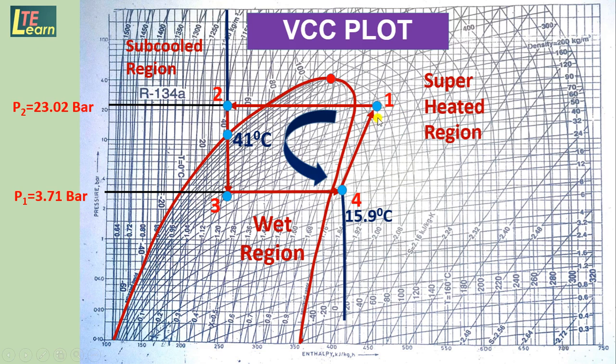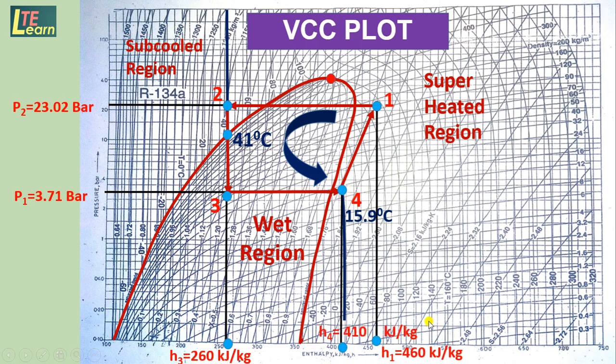Now in this case the sequence of the cycle is 1, 2, 3 and 4. From these points we project the vertical line towards the enthalpy scale which is at the bottom. So for point number 1 we find enthalpy H1. Similarly for point number 3 we find enthalpy H3, and for point number 4 we find enthalpy H4 in kilojoule per kg. Now 3 to 4 process is evaporation process.